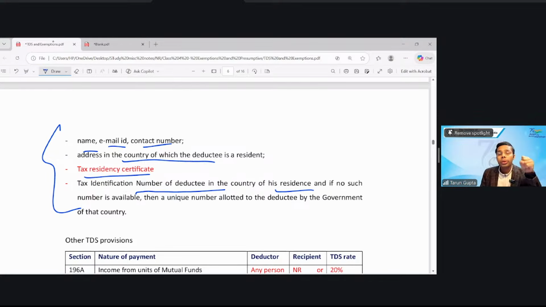Provide me that, so that in future I, through a bilateral agreement, can catch hold of you. And if no such number is available in your country, then any unique number allotted to you by the government of that country. Like here, there is Aadhaar in addition to PAN. If there is no PAN in your country, then something similar to Aadhaar, give me that, which is unique.